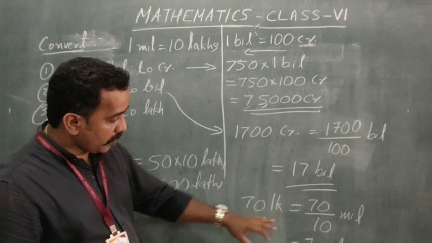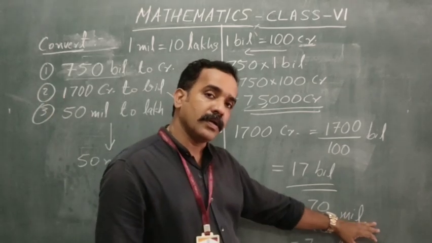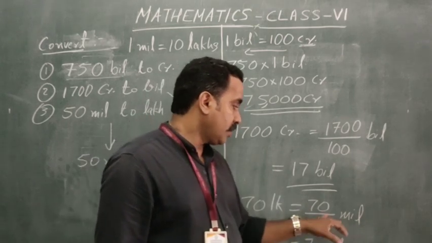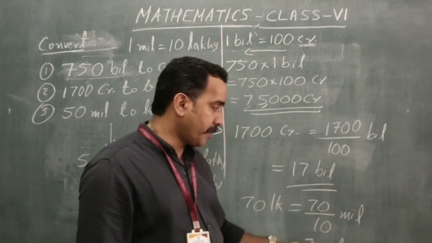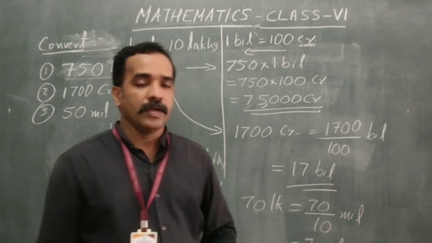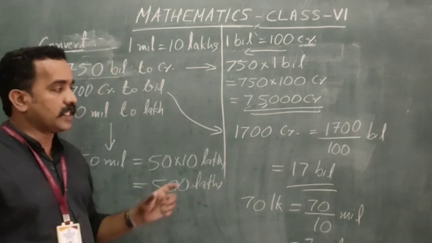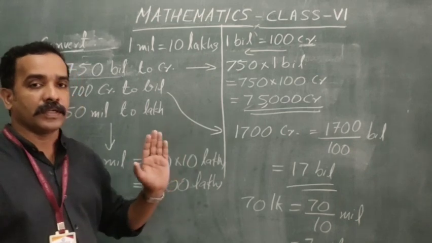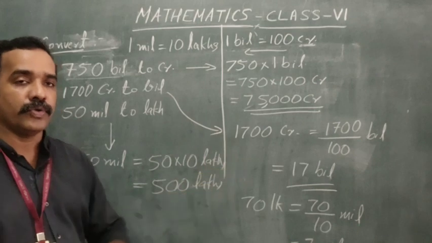Understood? Here why? Because lakh is a small unit converting into a big unit. So 70 by 10. 1 million is equal to 10 lakh, so divide by 10. So 7 million. This is the method, the idea we are following while converting numbers from Indian to international or international to Indian.